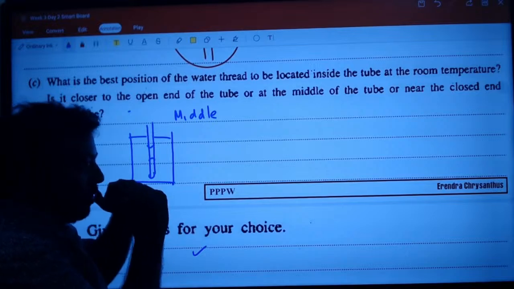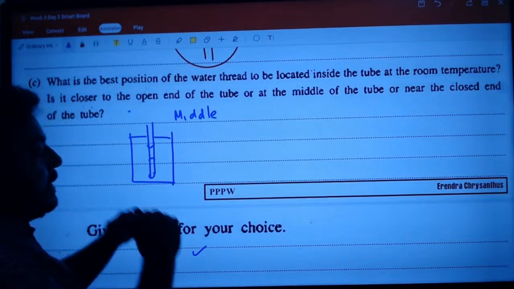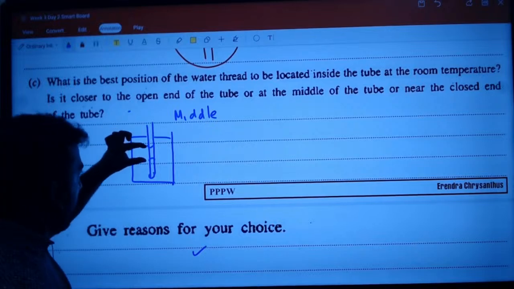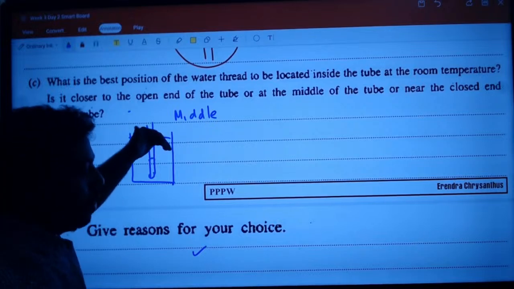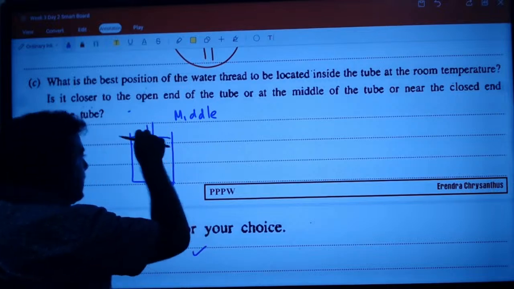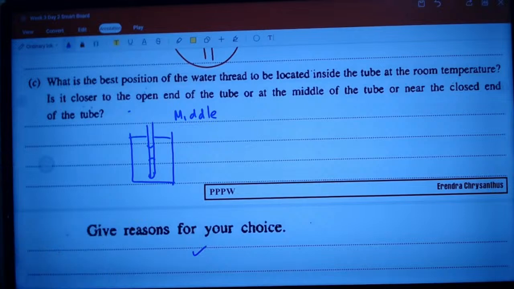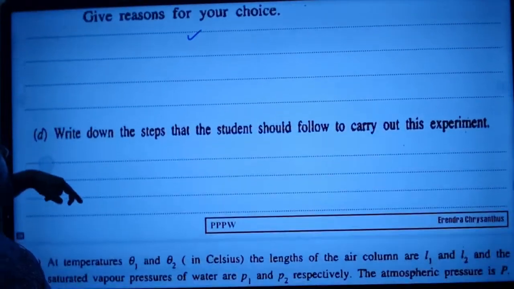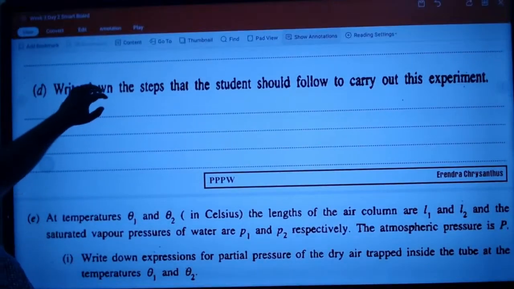Therefore, we will not be able to do the experiment correctly, because the water thread should always be underwater inside the tube.